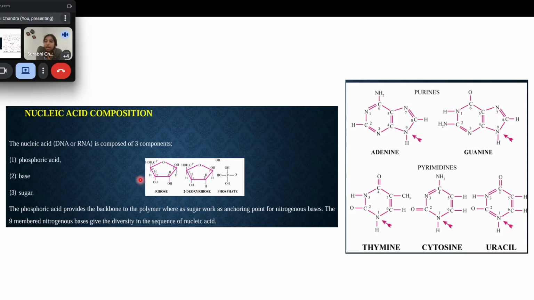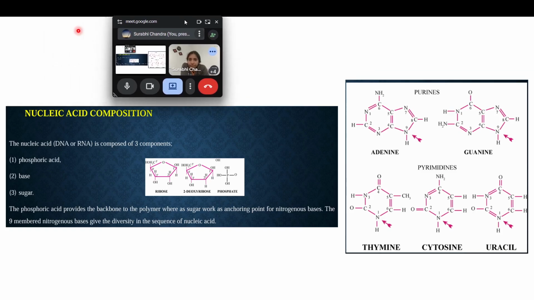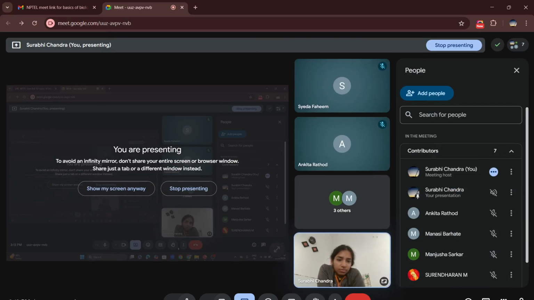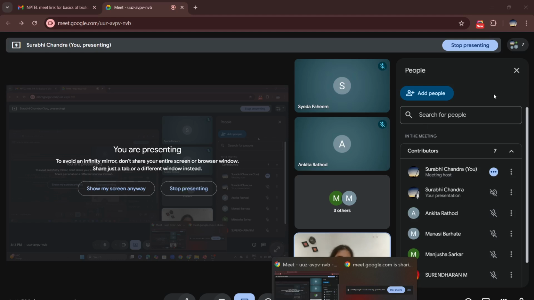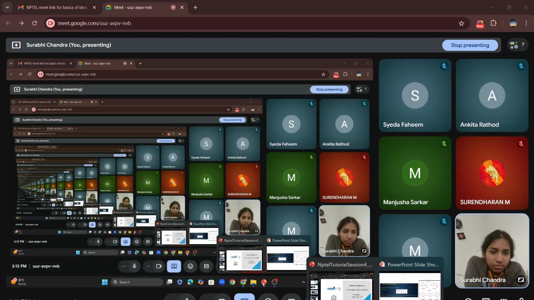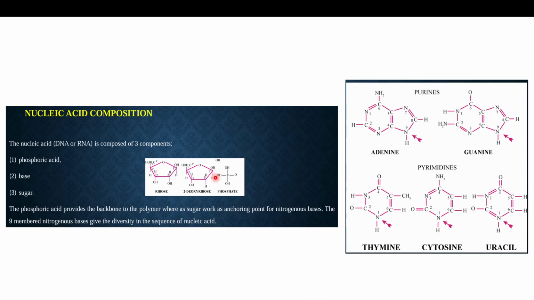It can be either ribose or deoxyribose, based on the composition at the 2' carbon.